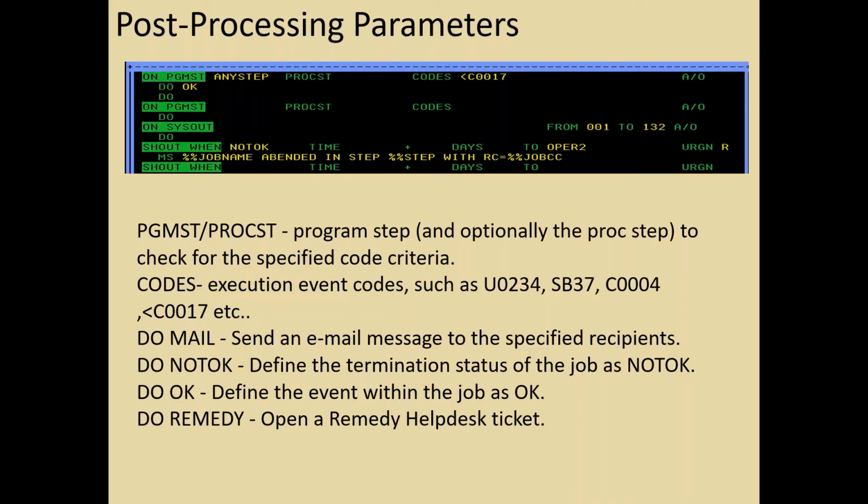Like above that condition code, this step should not execute. Here the example they have given is 17. That step will not execute if it gets a return code above 17. Okay, got it. Thank you.